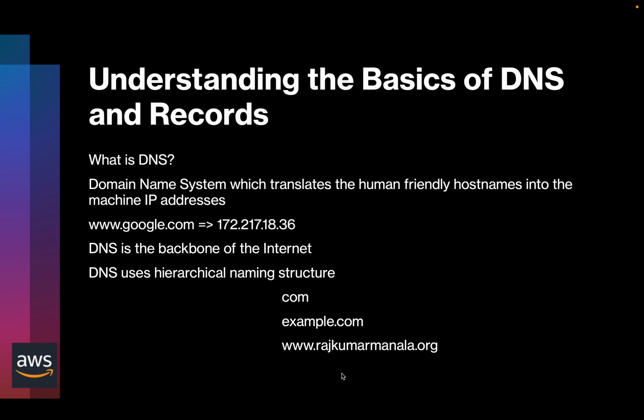DNS is the domain name system, and it has some records. So let me explain what DNS is. DNS is a domain name system which translates human friendly host names into machine IP addresses.